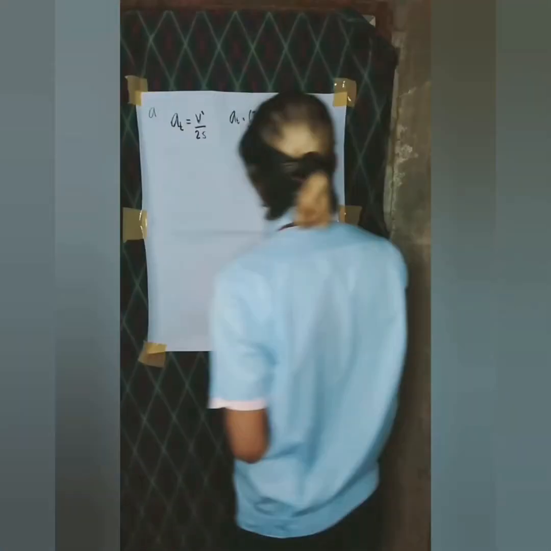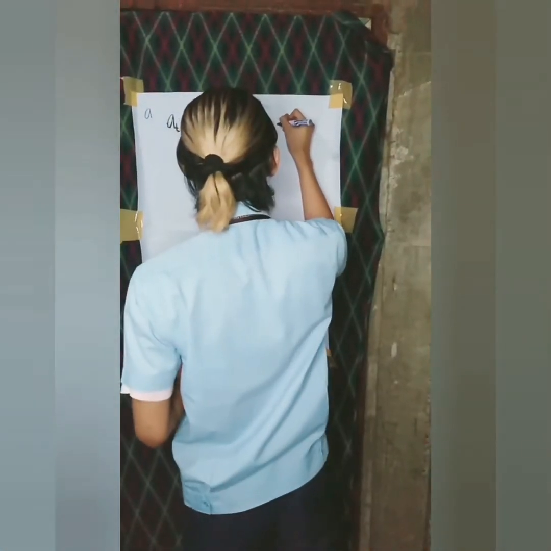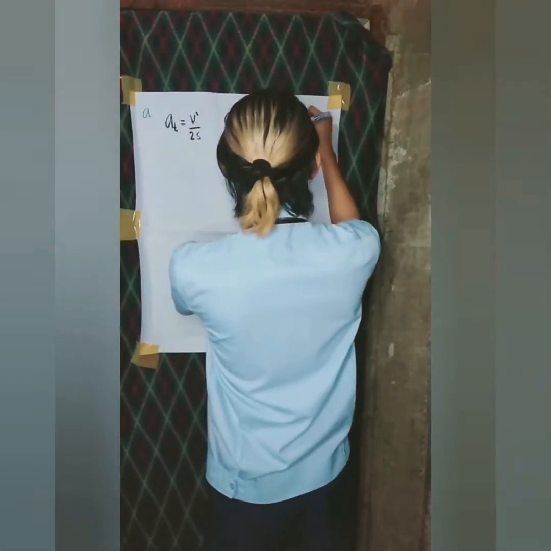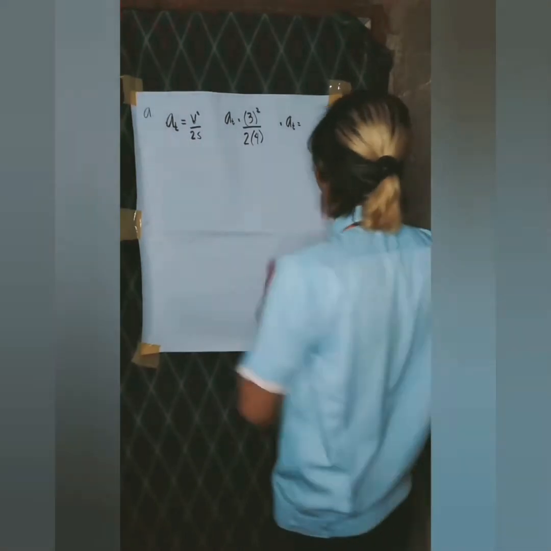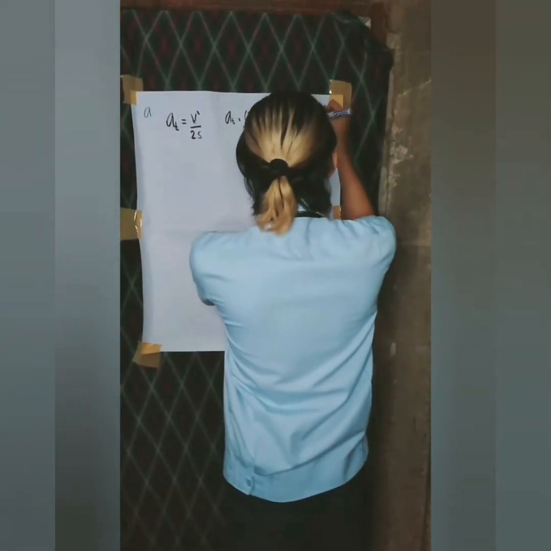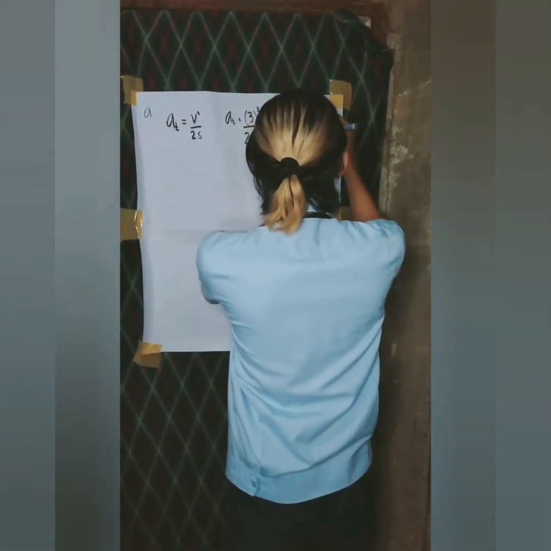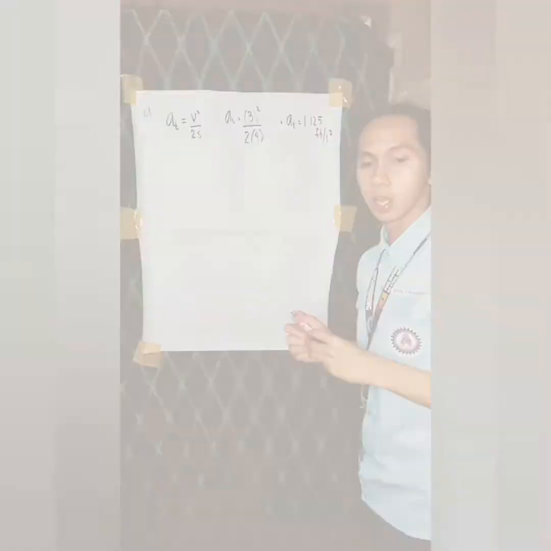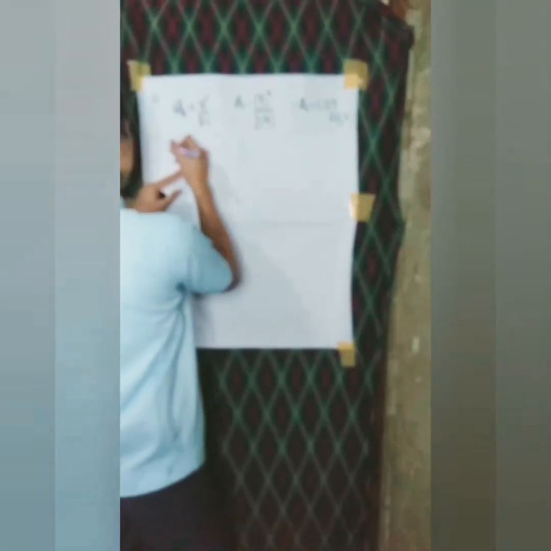So A tangential is equal to 1.125 feet per second squared.